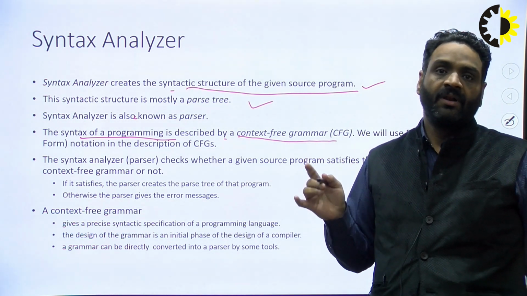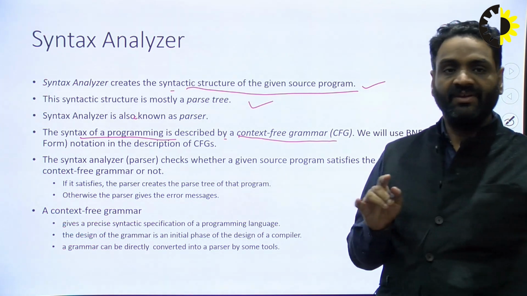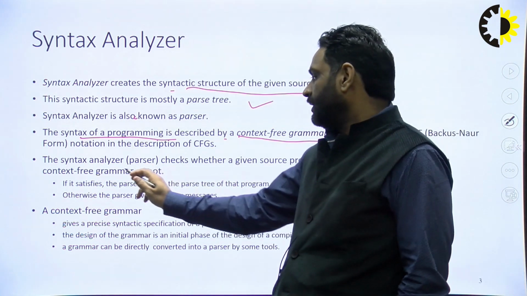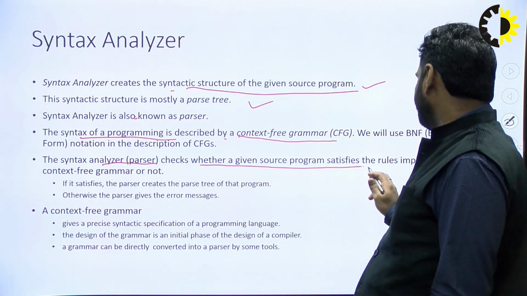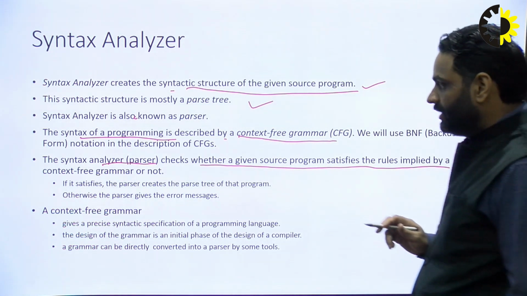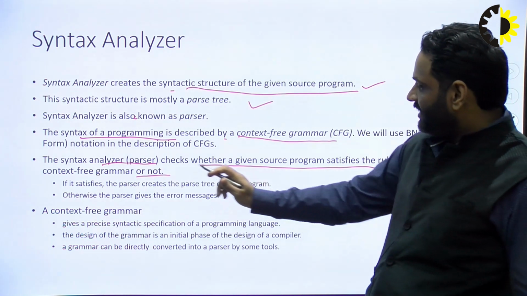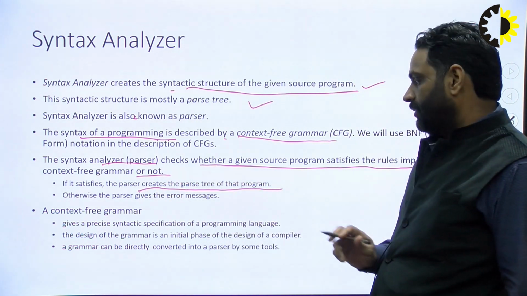All rules about the validity of the given string are listed in the context-free grammar. The syntax analyzer, also known as the parser, checks whether a given source program satisfies the rules implied by the context-free grammar or not. If it satisfies them, the parser creates the parse tree of the program.